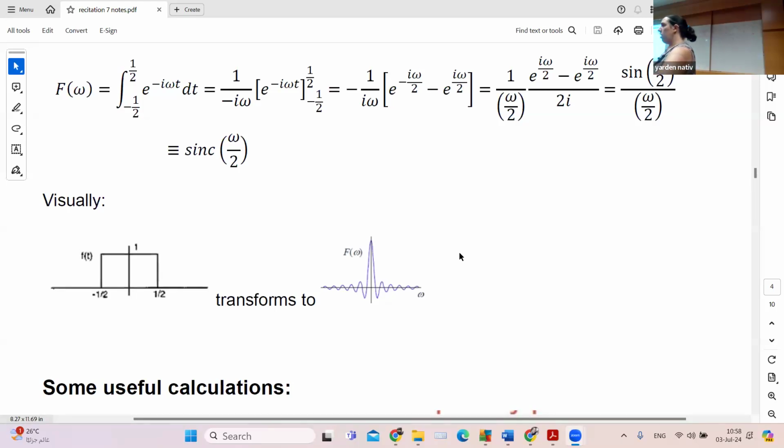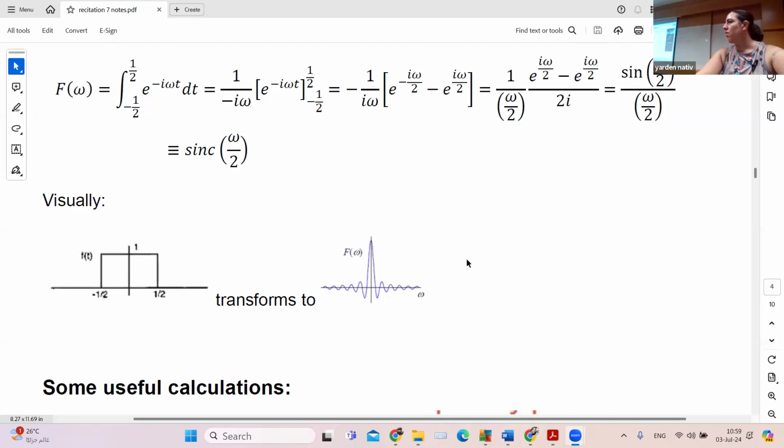And this is important because next week when we talk about filters, we'll talk a lot about why filters create the problem of the ripples that come from the sinc function. So please remember this relation. It is very important in real signal data analysis.